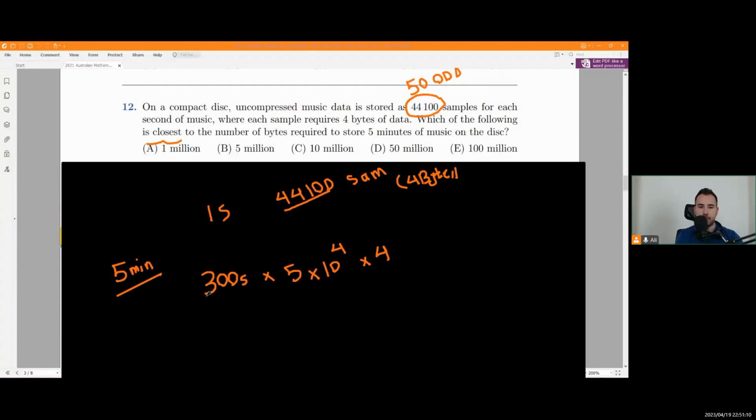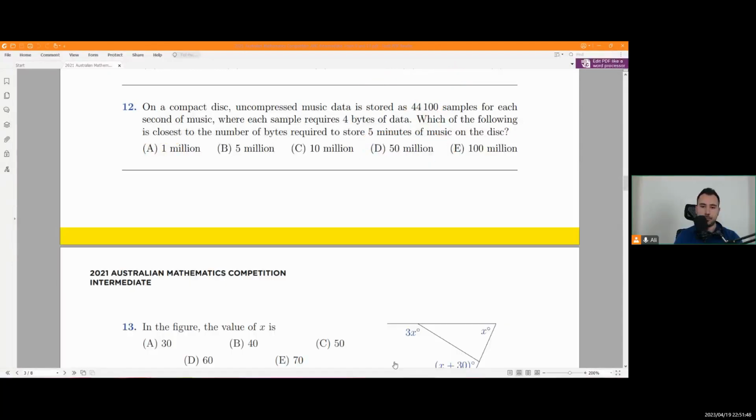I'm just going to multiply a 3 by a 5 by a 4. It's going to be 60. And then we had 2 zeros and 4 zeros here. That's going to be another 6 zeros. So which one are we closest to? 60 million. And remember, we rounded this up. So the real answer should be a little smaller than 60 million. So that makes sense. So the answer would be D.